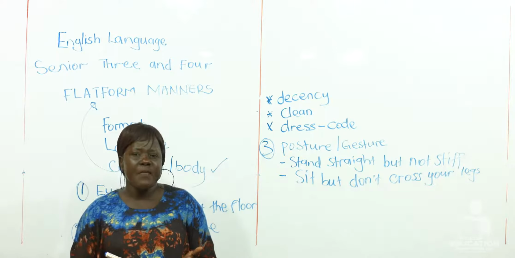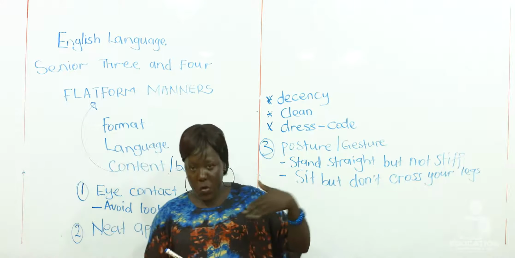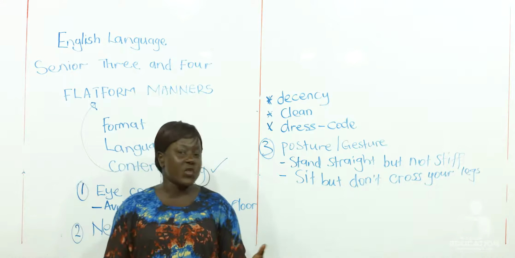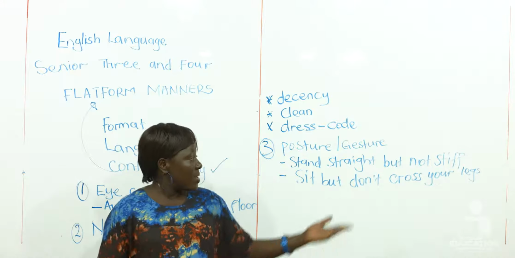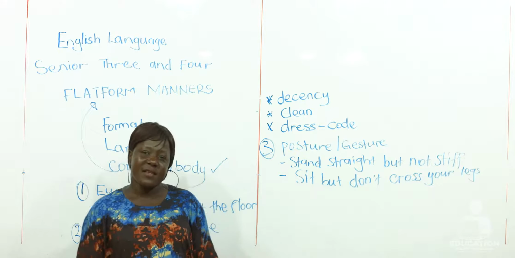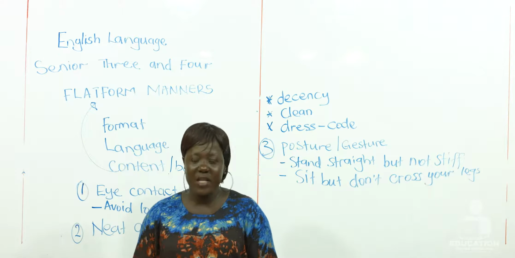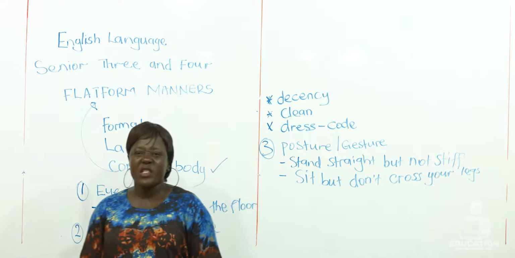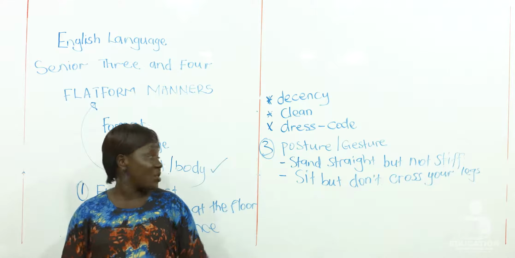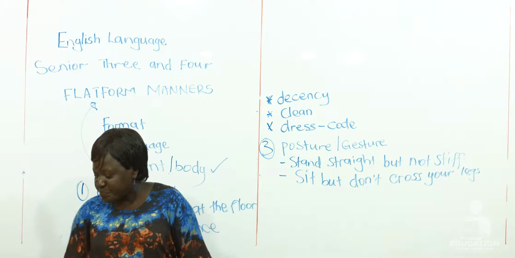In this way, your audience will know that you are with them, but you are not just too relaxed to speak to them, because crossing of the legs may mean something else. It can mean you are too bossy, that you want to show them that you are superior to them. You should not. So we're going to look at that one still under some other aspects.